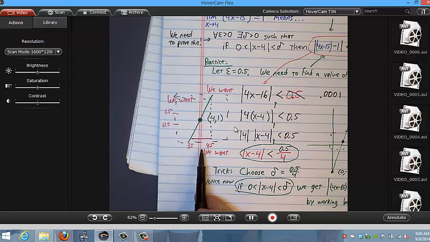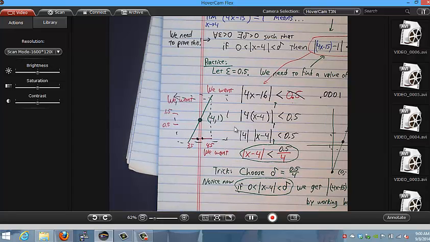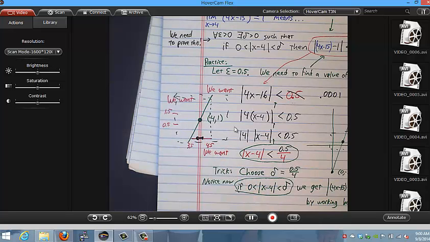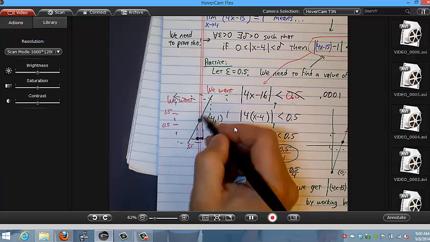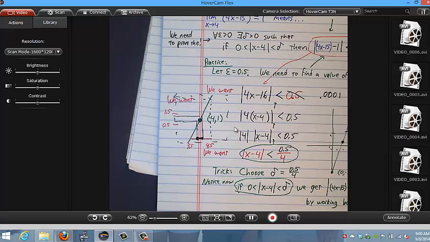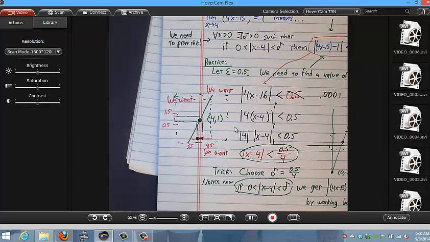What do I have to use for delta? 0.5 divided by 4. So that would be really small from here to here. So let me stay in that black region. If I'm in there, now it looks like the outputs will all be in the epsilon window. Are you guys with me? That's the game. Pick an epsilon, that's what we want, then see if you can find a delta. And if you can always do it, then the limit exists.